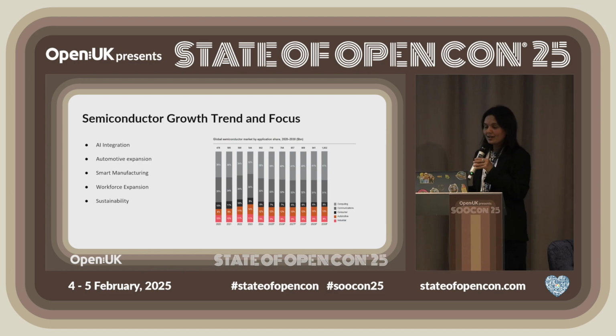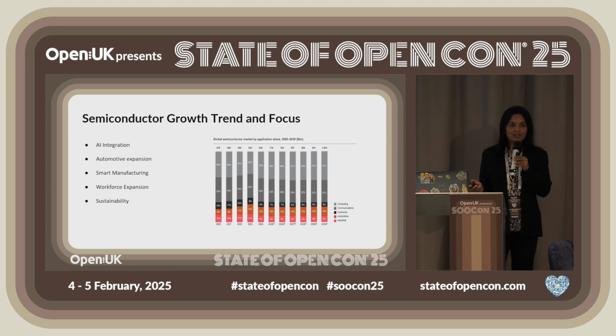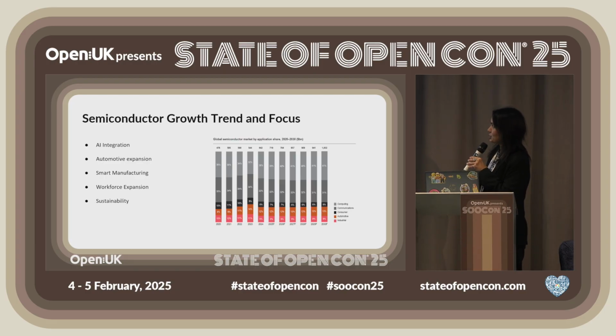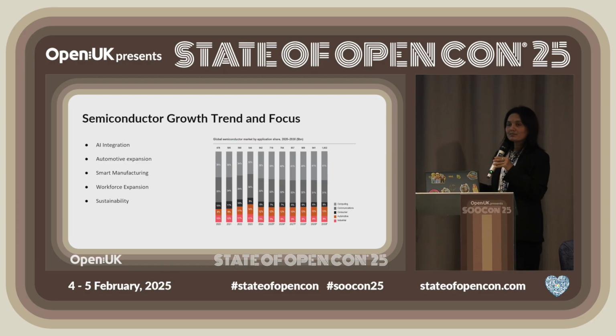The key segments driving this growth are shown in the legends. The two important contributors are computing and communication. They top the list and are going to be the drivers of semiconductor trends for the next 5 years. So that is the market TAM.